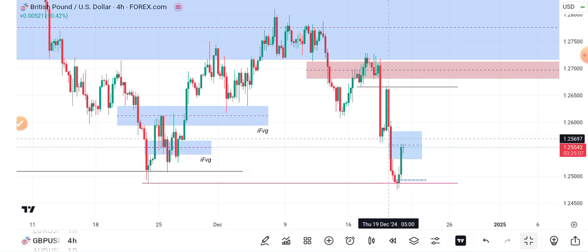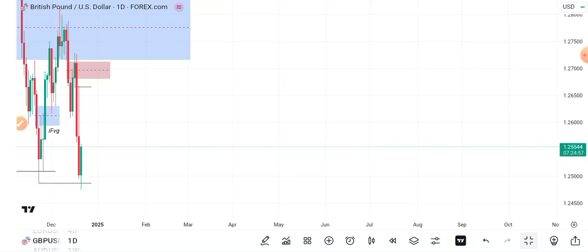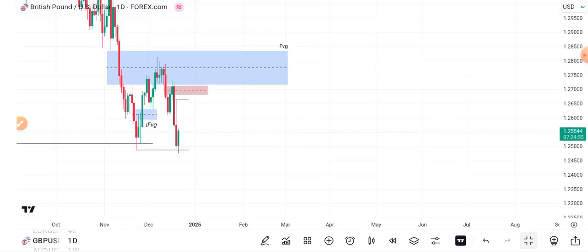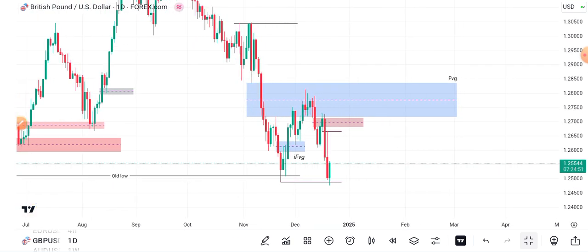Now, this is just the 4 hours time frame, and if you check the daily, let's go to the daily, you would really see that this market has been in a bearish mode. It has been pouring down seriously.